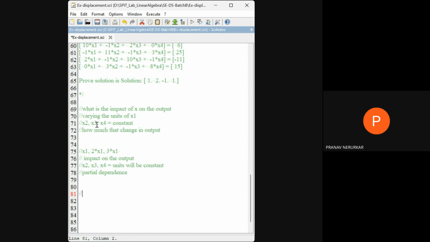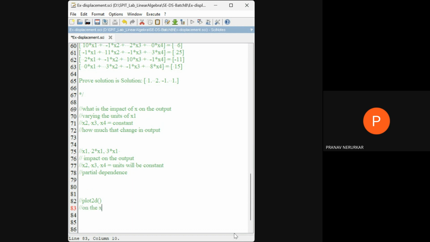We have seen in previous class, plot 2D function. In the plot 2D function, you can plot the number of units of x. You have to use the plot 2D function.